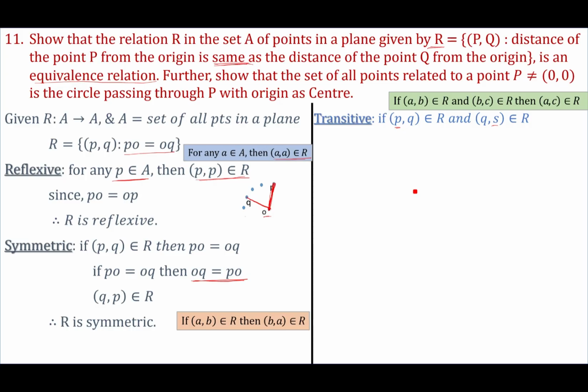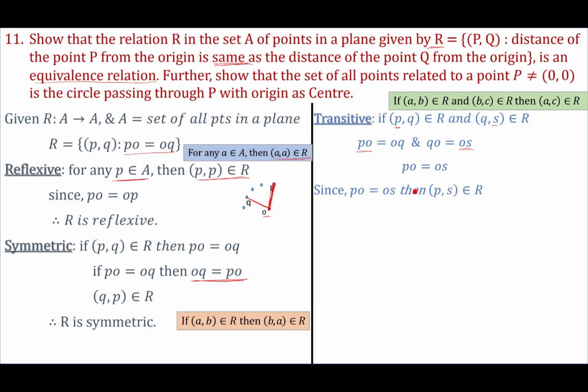Now, according to the definition of the relation, (P, Q) belongs to R, which means PO equals OQ. And (Q, S) belongs to R, which means QO equals OS, according to the definition of the relation. If PO equals OQ and OQ equals OS, then obviously PO equals OS.